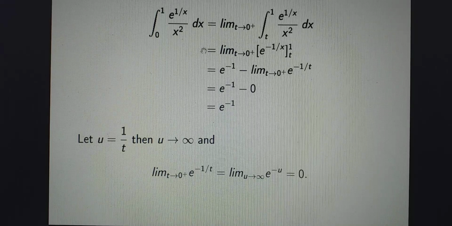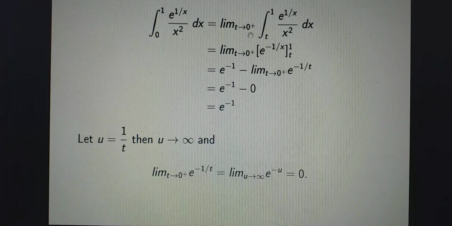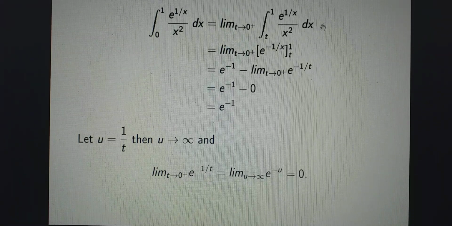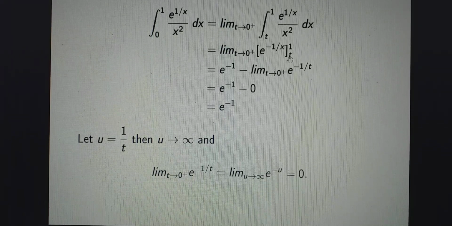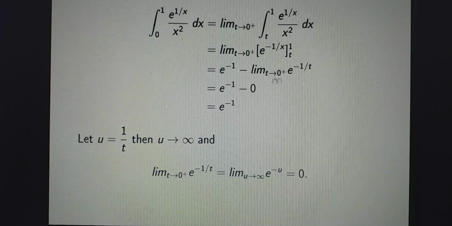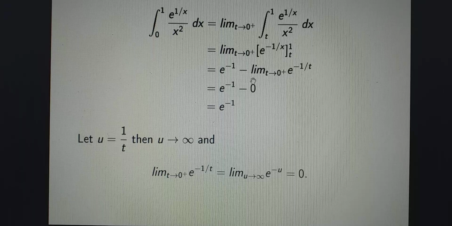So we can use the definition of improper integral with this integral equal to the limit as t tends to 0 from the right of this integral, and we solve it by substitution and get this integral. Then we substitute 1 and t, we have this, and this limit is equal to 0 when we use substitution u equal 1 over t.